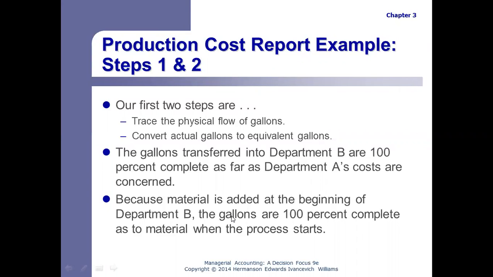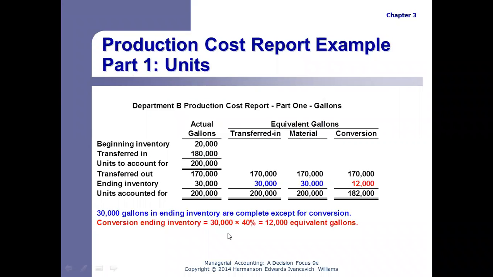So as soon as they start working on the product, 100% of the materials are in there already. Okay, so first thing here is you look at the actual flow of the product. We know we started with 20,000 gallons. That's given in the problem. And we're looking strictly at Department B here.